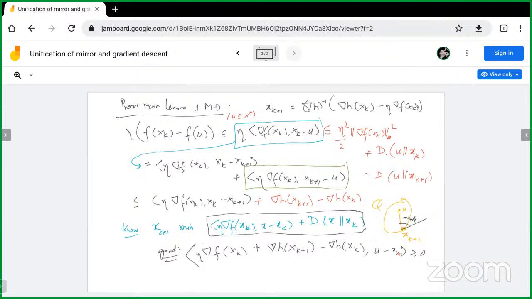So that's what this is. So I'm getting an extra gradient term here.